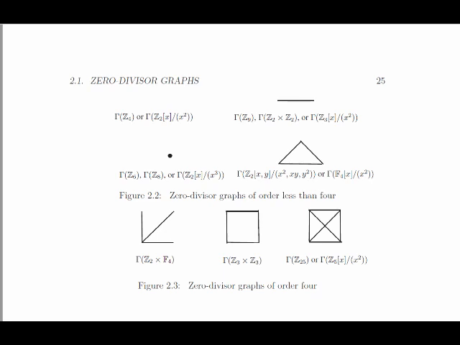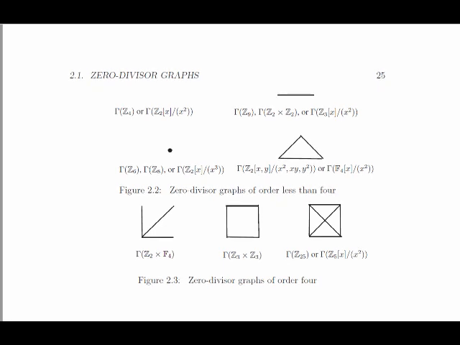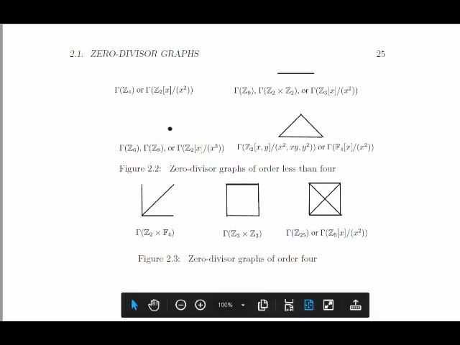The answer is no. And here is an example. Here we have three non-isomorphic rings. The zero divisor graphs of each one of them are isomorphic, but the rings are not isomorphic. Okay, here is also the zero divisor graph of order 4.